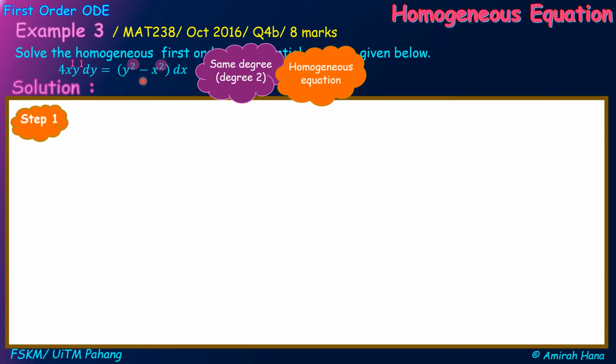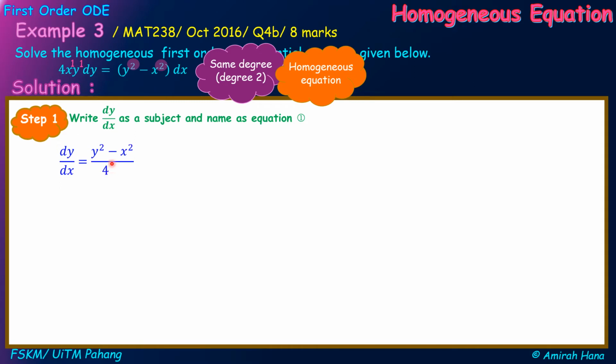To solve a homogeneous equation under first order ODE, first step, we need to write dy over dx as the subject and name it equation 1. So from here, we can move dx to the left hand side, so we get dy over dx. At the same time, we can move xy to the right hand side.